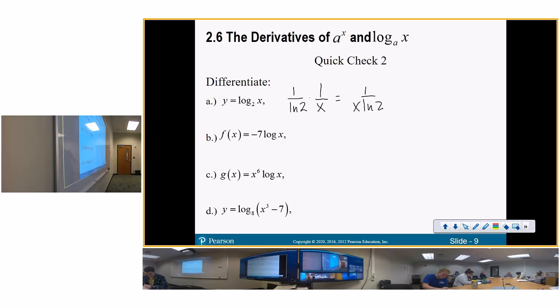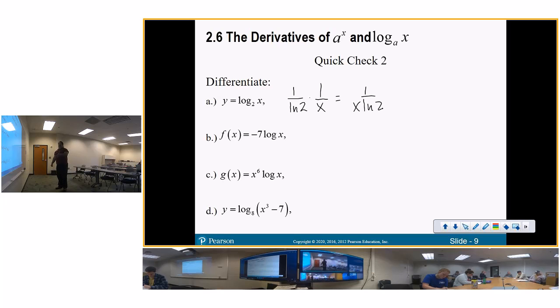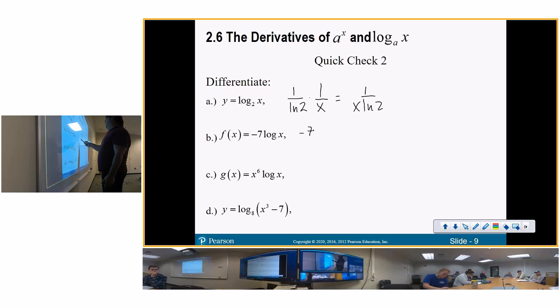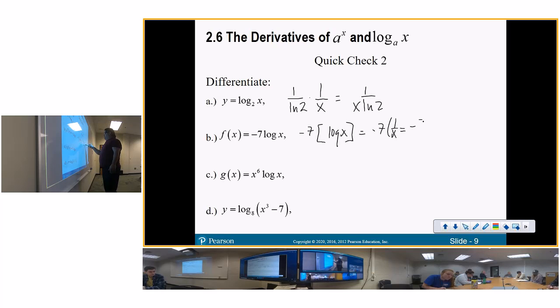You could do the product rule, but the derivative of -7 would cancel it out. So that's going to be -7 bracket log of x. The derivative of log of x is 1 over x. So I think you're going to get -7 over x.